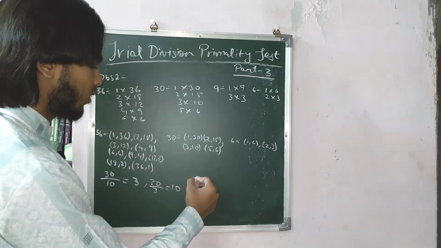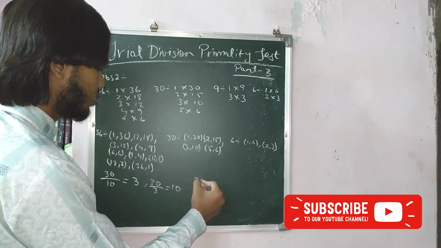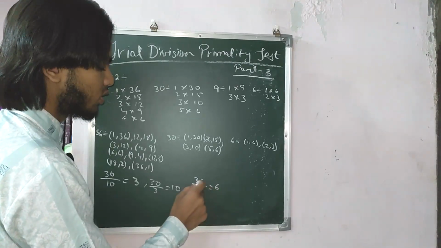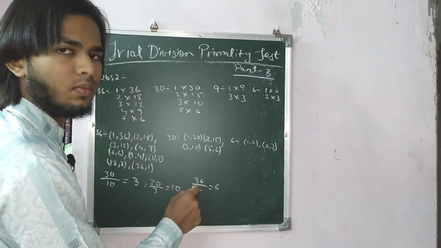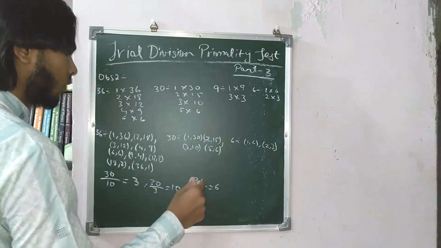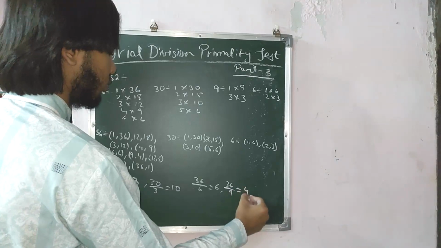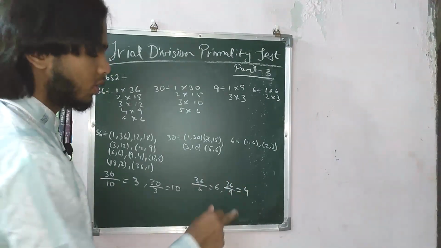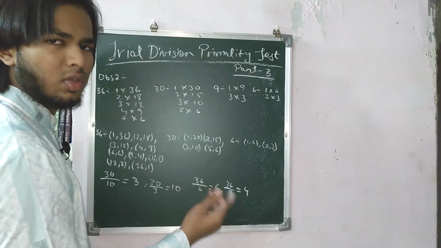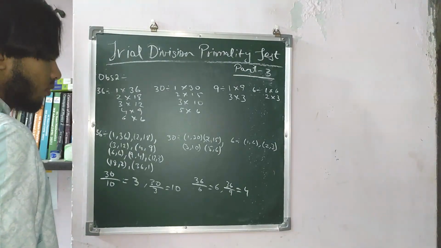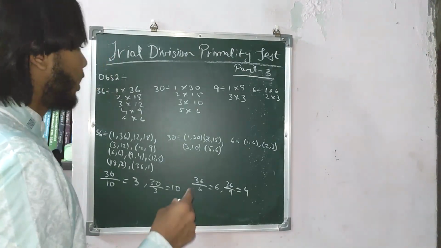In the case of a perfect square like 36, when we divide it by 6, we get the same factor as before. And 36 divided by 9 gives another factor as well, in the case of a perfect square.